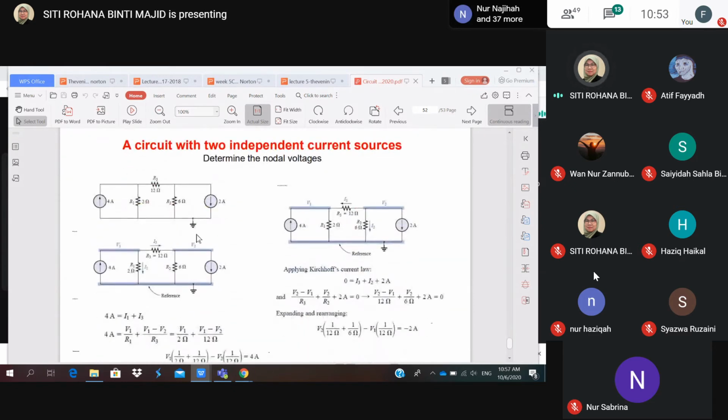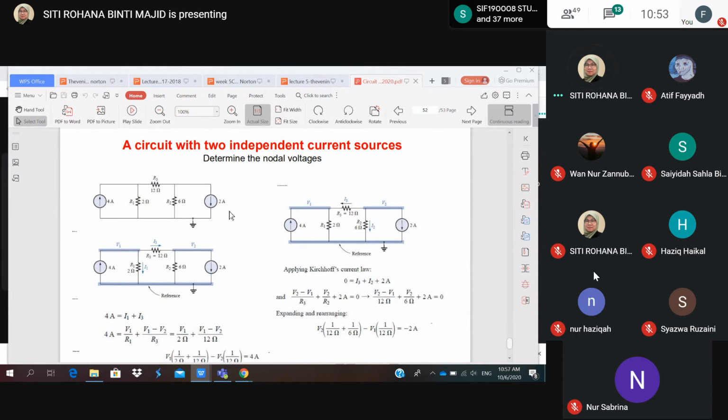Here, when we have two independent sources of the same type, which is current sources, be careful with the direction of the current sources.